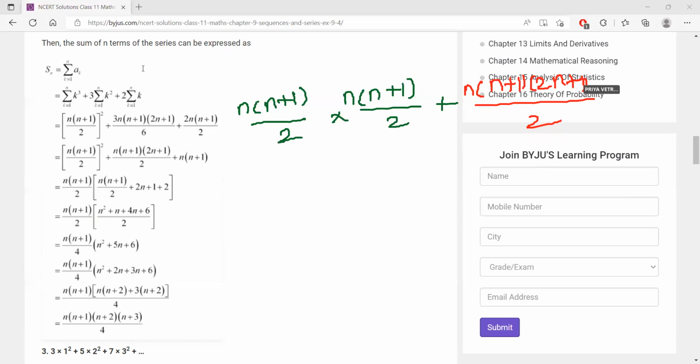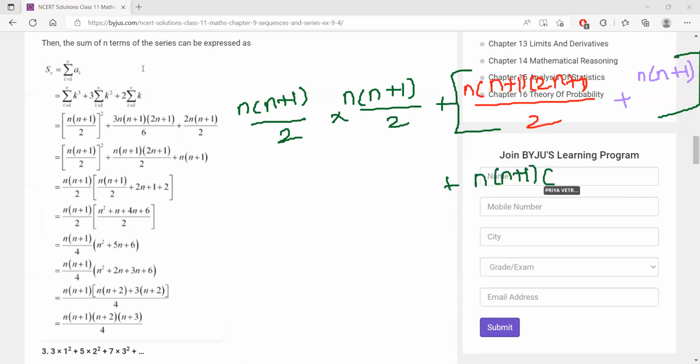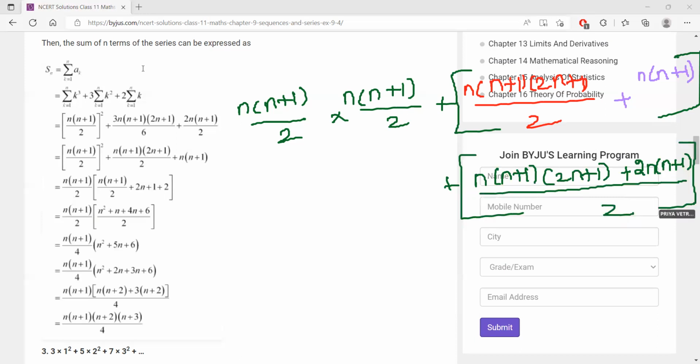And I'll write the simplification of the cube. So you are aware of this after the LCM. So this is after the LCM.